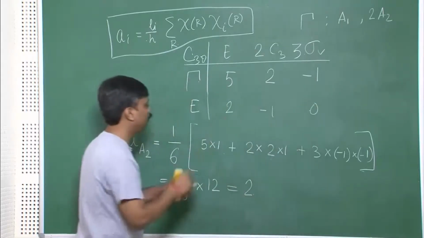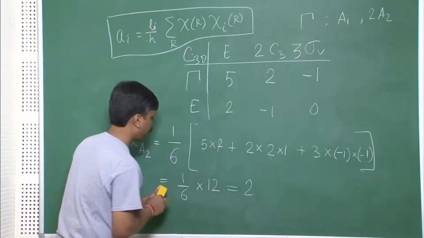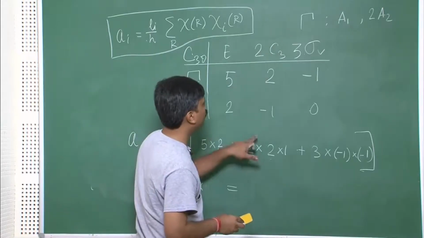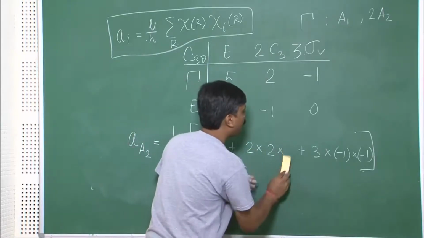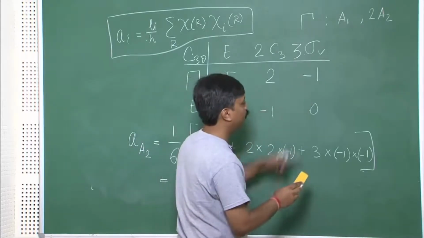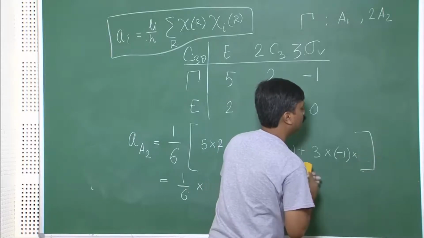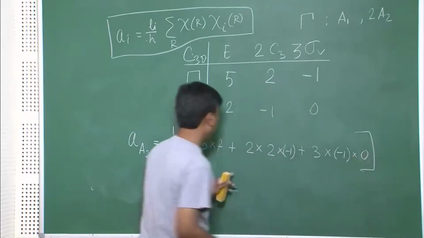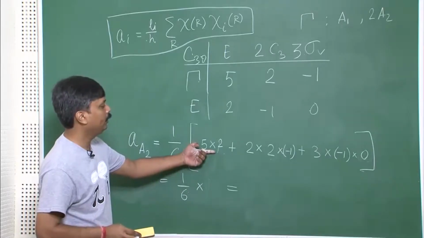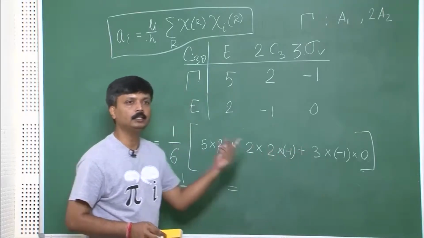So similarly, instead of 5 into 1, this will now be 5 into 2, and here it will be 2 into minus 1, and here it will be 3 into minus 1 into 0, all right. So let us see what is the result. So here it is 10 minus 4 plus 0, which means 6.